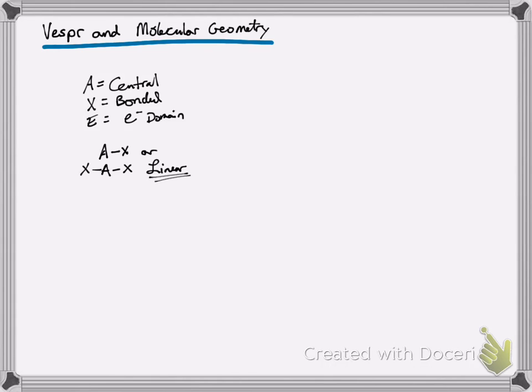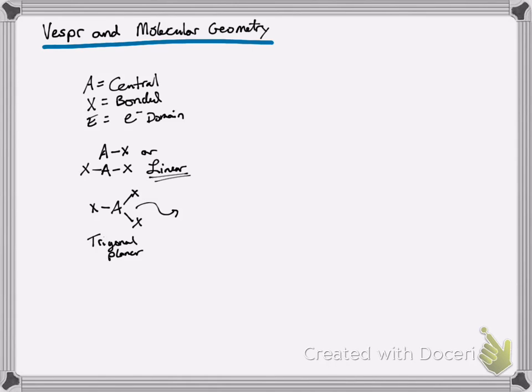Now if we have A bonded to 3 X's, this is what we consider a trigonal planar geometry. It's a triangle in the same plane.